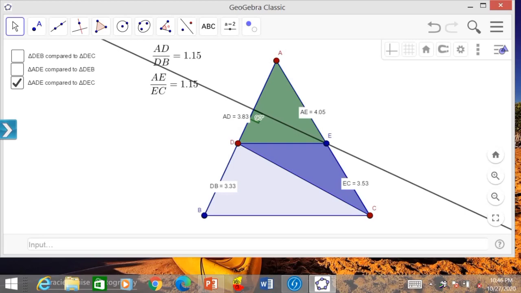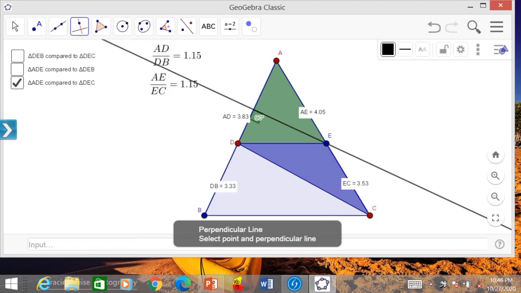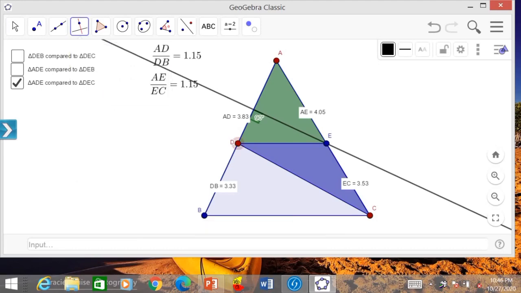If I take AE as the base, then I have to draw the height from D. Now DG is the height for both the triangles, for triangle AED and for triangle ECD, because DEC is an obtuse angle triangle, so the height lies outside the triangle.